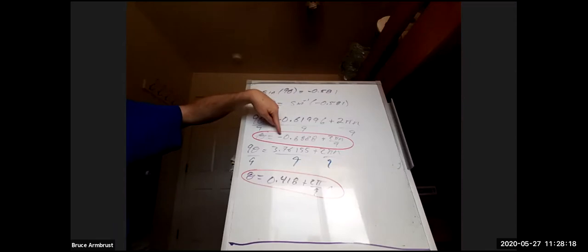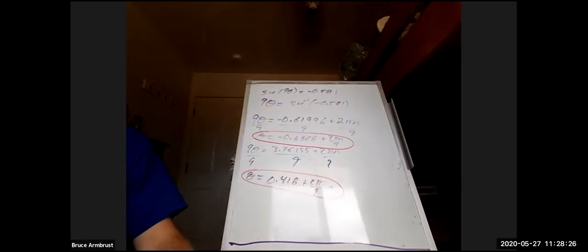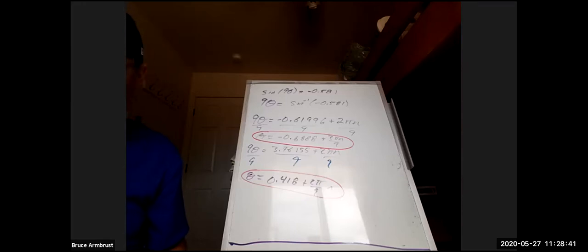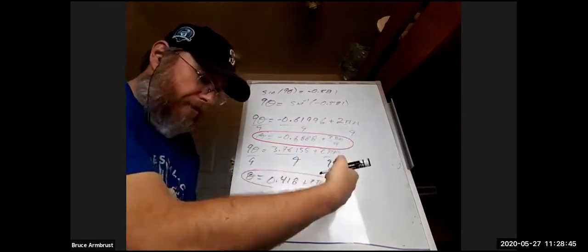All right, so like this guy, negative 0.6888 is not in that interval. So let's add 2 pi over 9. So whatever that is, let's see, I'll put that on my calculator here. So I get 0.629 and change.